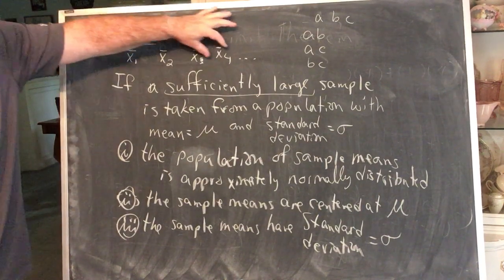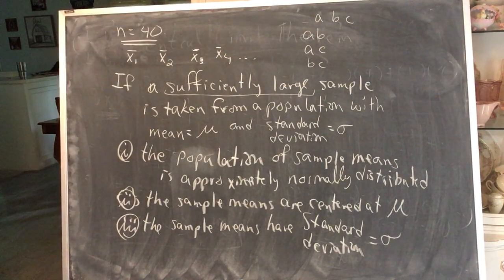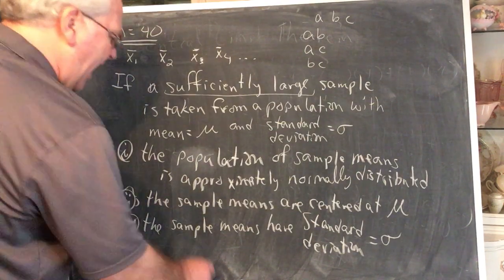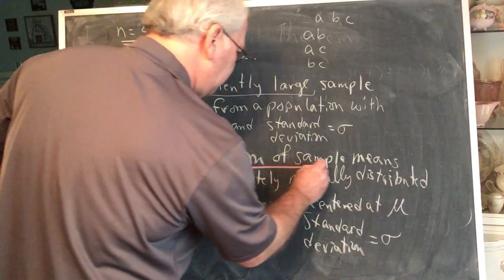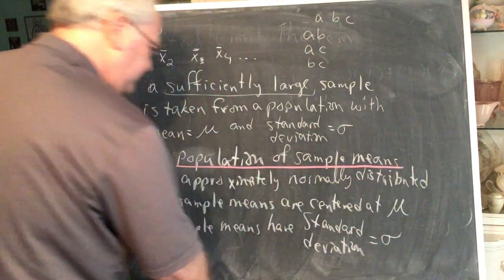And if we compute the sample mean for each of those, then what we have is the population of sample means.